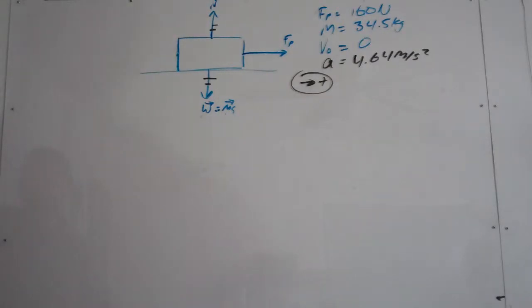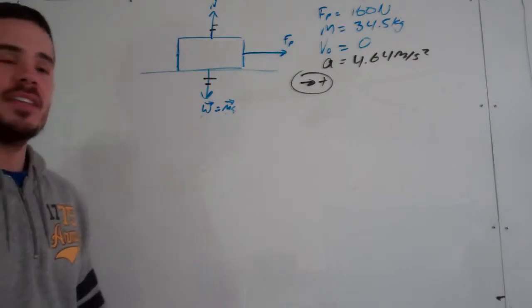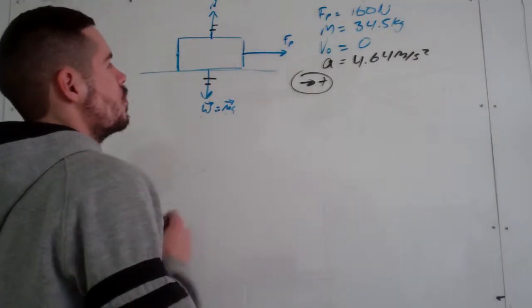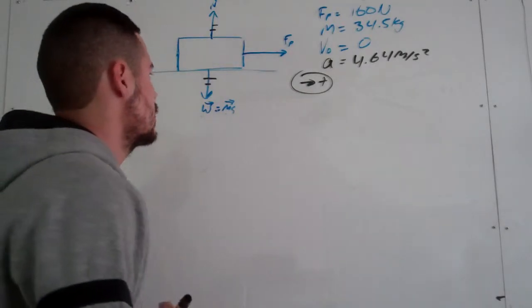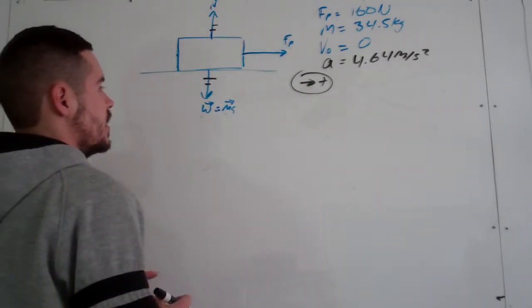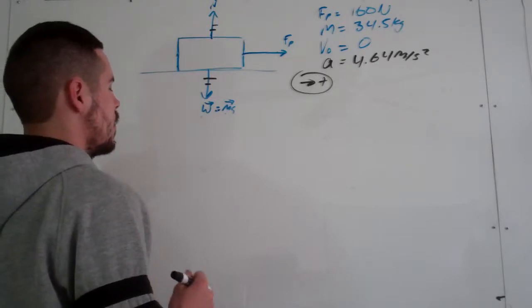It says, how far does a crate travel in 12 seconds? Okay, let's take it back to kinematics. Let's look at this object in motion, and it's asking how far it will go.